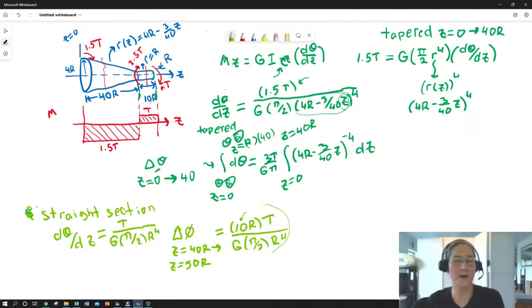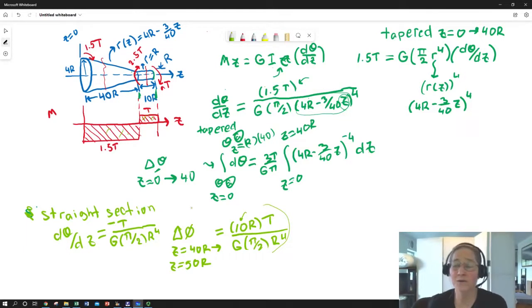Now, if we're saying that this is a positive 1.5t, because these are different signs, we would put a negative sign. So if we're twisting one way in the tapered section, we're actually twisting the other way in the other, and that's simply because these are different signs.